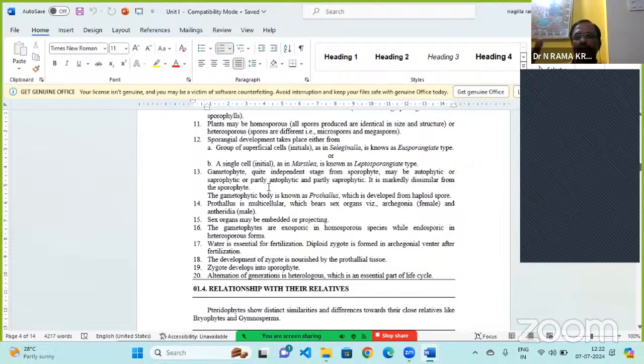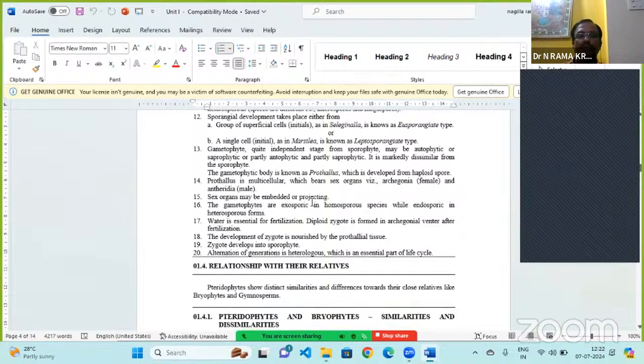So there is a lot of variation between the sporophyte and gametophyte. The gametophytic body is known as the prothallus, which develops from haploid spores. The prothallus is multicellular and bears the sex organs, archegonia and antheridia. This is the most important point. When spores are produced, one type of structure is the gametophyte.